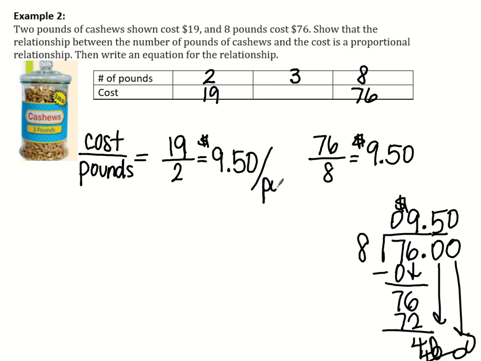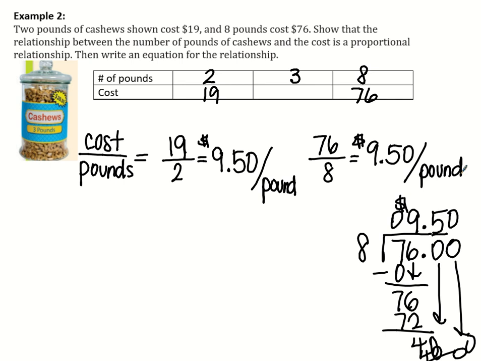Let's write it, per pound. This will help you guys. So $9.50 per pound. So now I can compare and say, it stays the same. My ratio of price per pound is still the same no matter how many pounds I get. So 1 pound is always going to be $9.50.